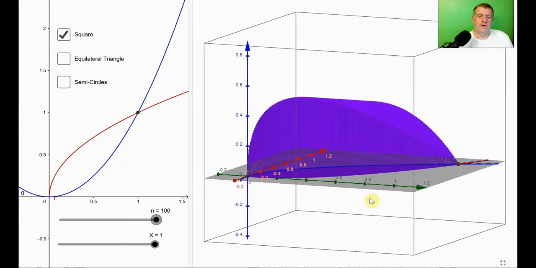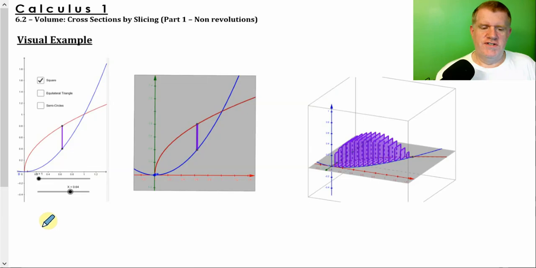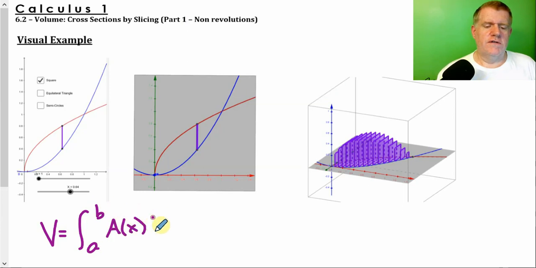Entirely built of squares. So to put this into calculus terms, the volume is the integral from a to b of the area of the cross-section. Now if this was a square, the area of the cross-section would be this distance squared, because remember the area of a square is side squared.